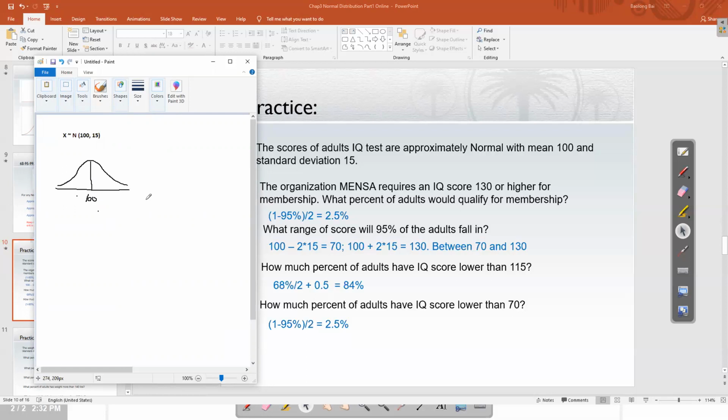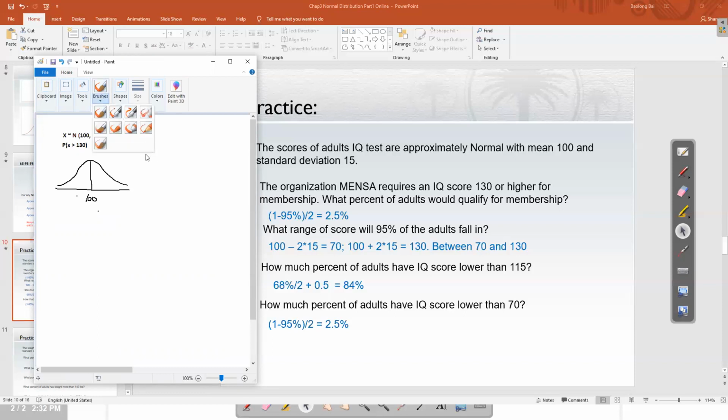Then we're asking what percent of adults will qualify for membership. Qualify for membership, what does it mean? From the criteria, we need to look for a probability. Then what's the event? The IQ score X needs to be higher than or equal to 130, right? So if we find the corresponding area for this event, that area will be this probability.